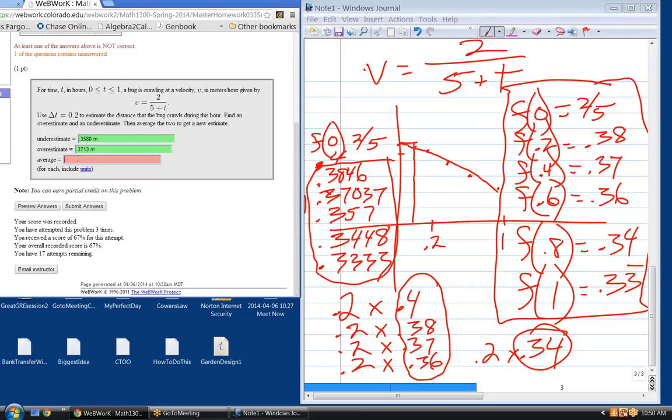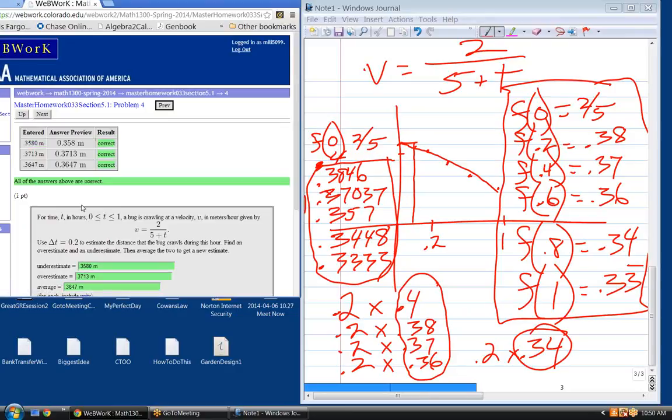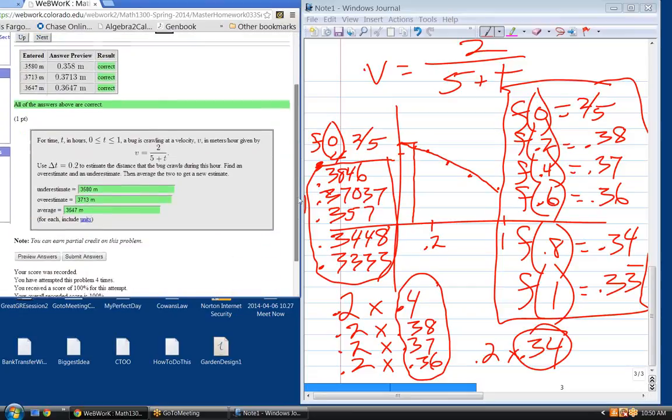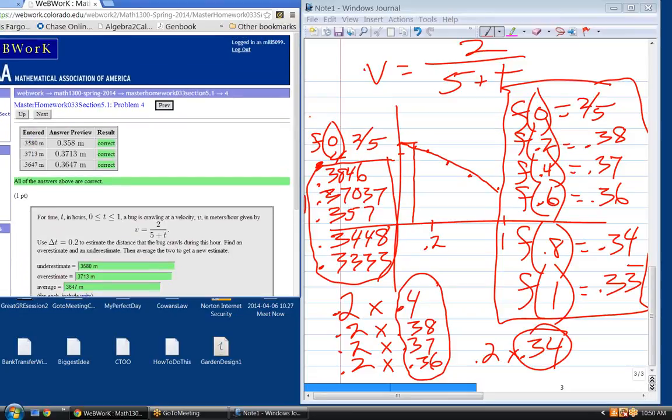Plus 0.3713 divided by 2. 0.36465. So is the 4th digit a 7 or a 6? 7 rounded. Got to round it up, I think. All right. I think we can do one more.